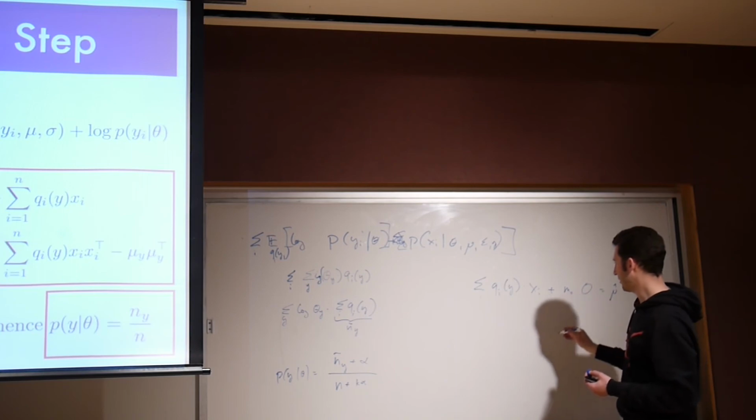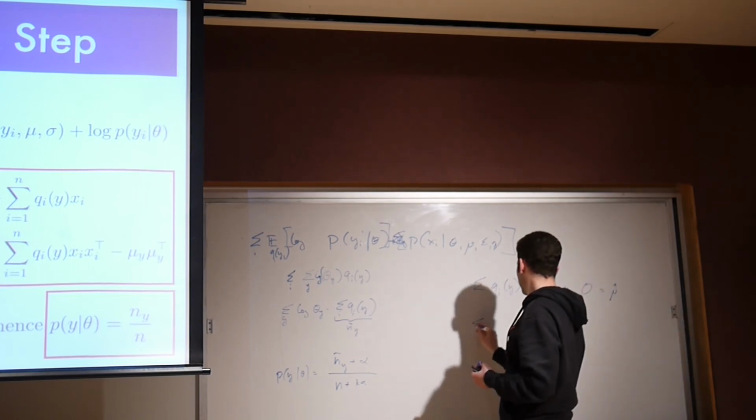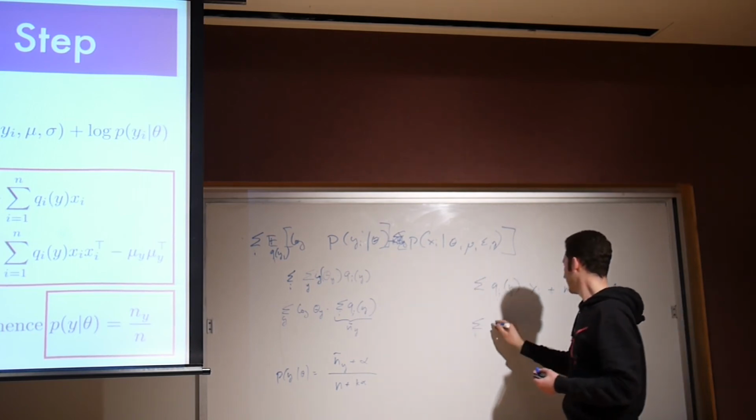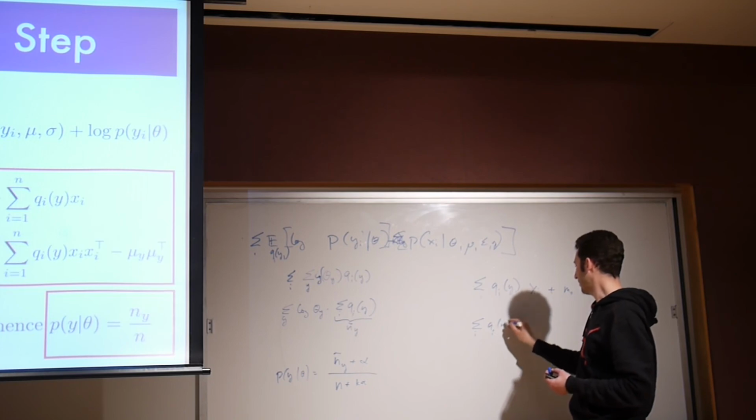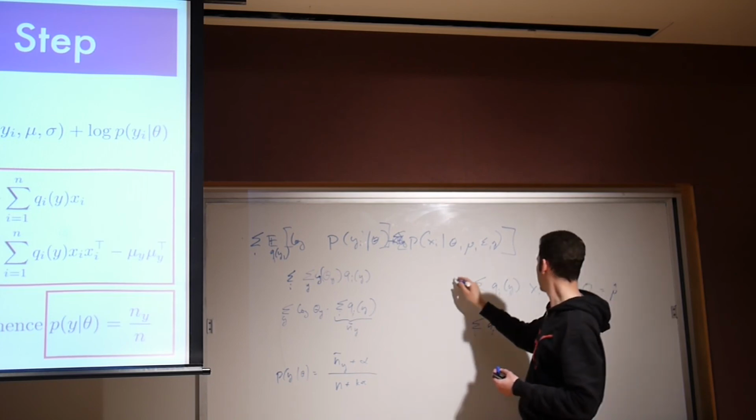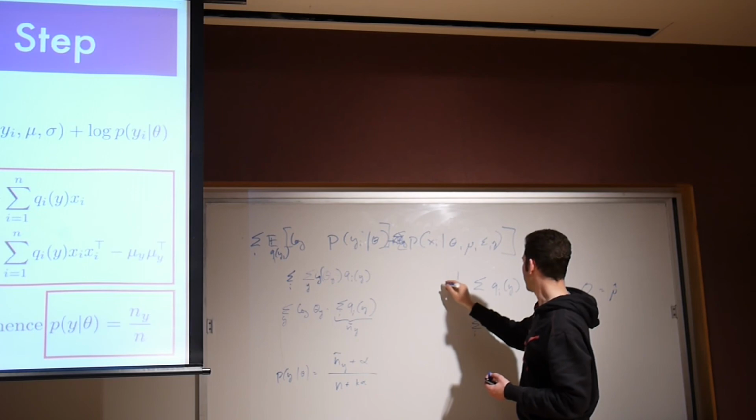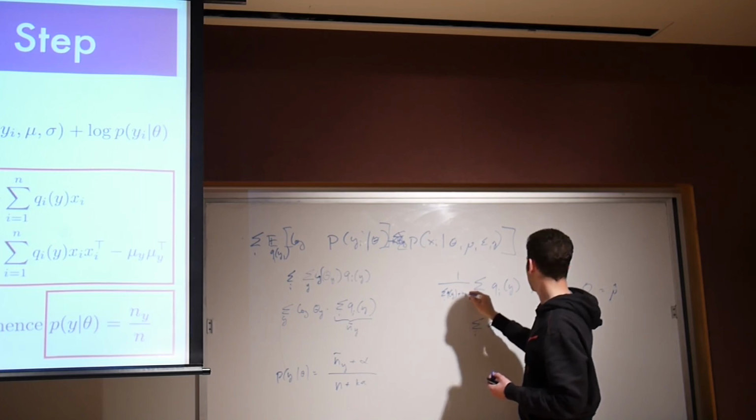And then I need to normalize by the sum over i of qi of y plus m0.